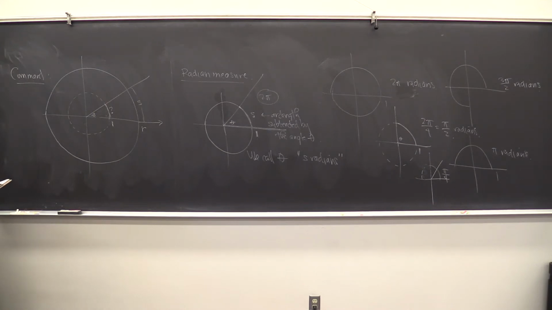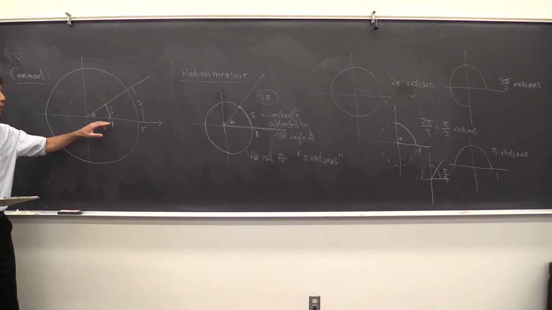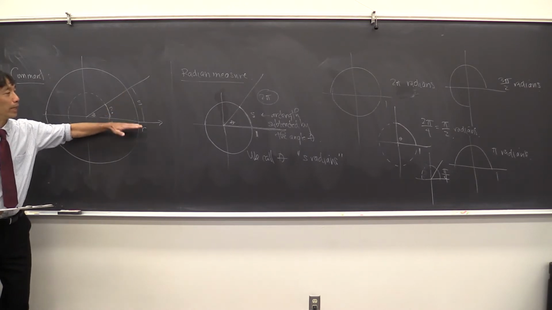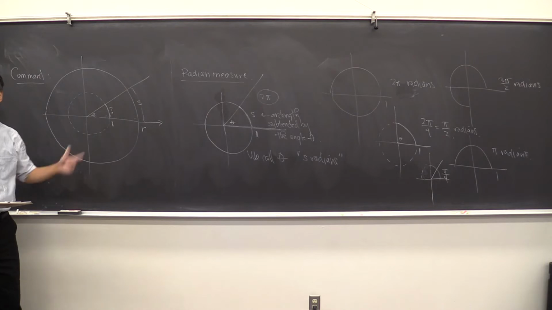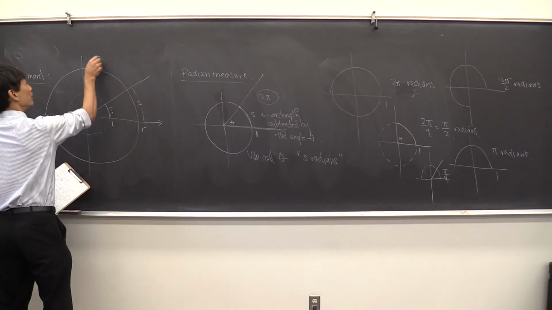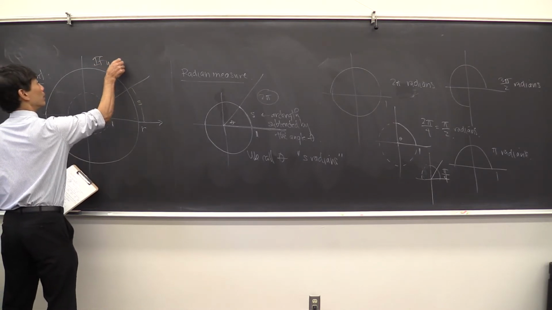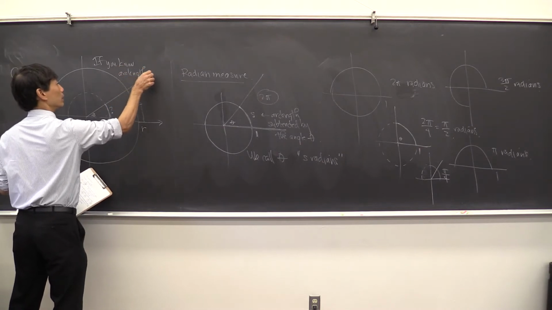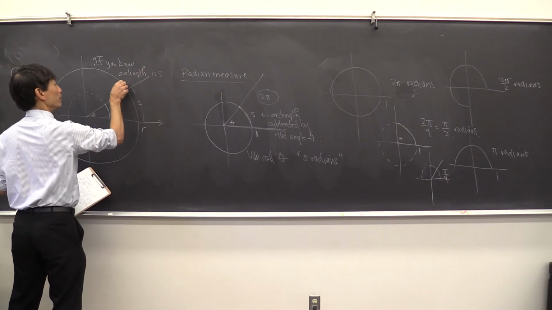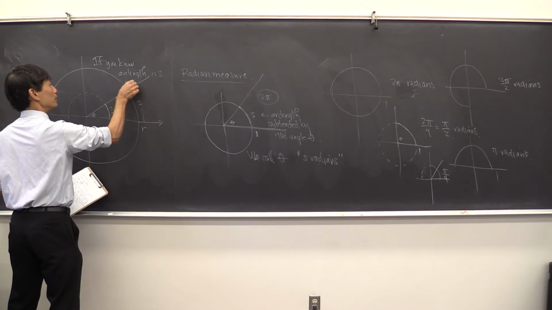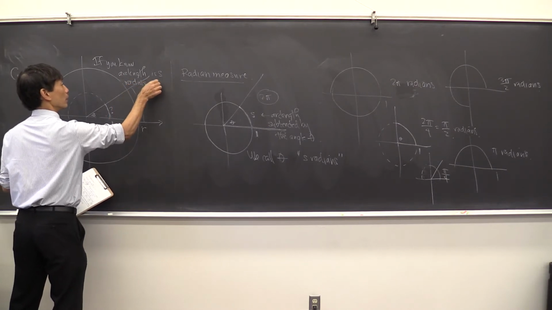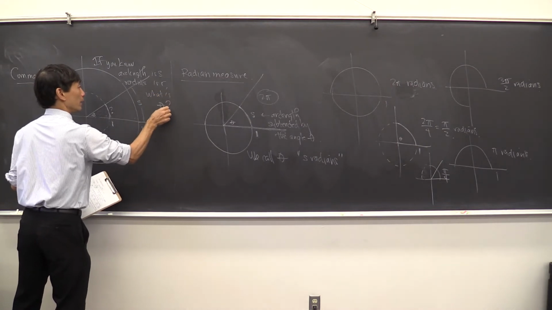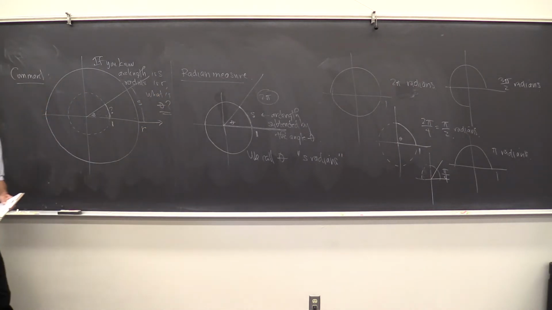Let me give you a minute to see if you can figure out: if you know the arc length is s and the radius is r, what's the angle in radians?